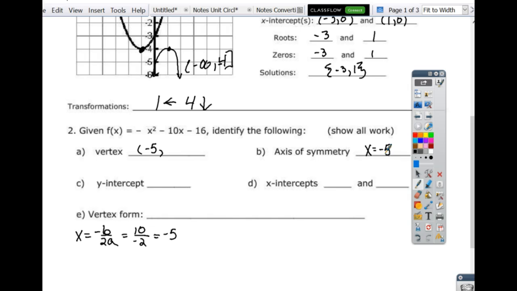And once I get the -5, can I put this in here then and get the y value for the vertex? And that's what I would do. I would take y equals negative, and you get 9.